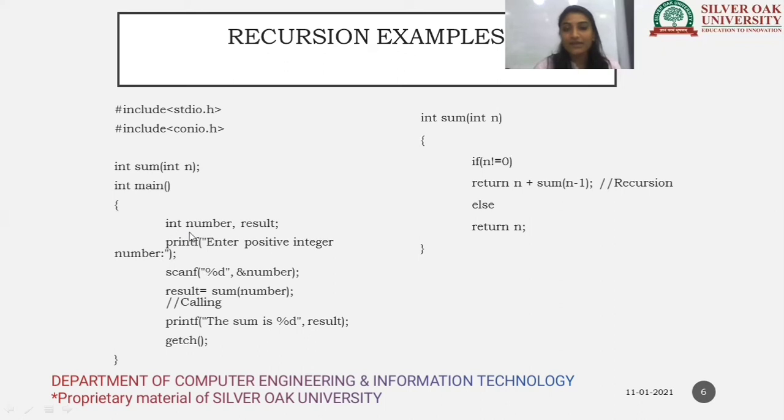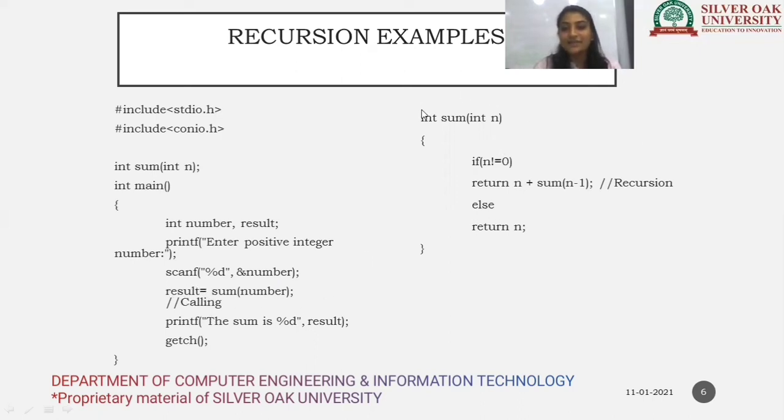For that, we have taken two variables, the integer number and result. This is the positive integer number. Whenever we scan this number, after that we call the function sum, assign it to result, and when we print this result, it will give the sum.